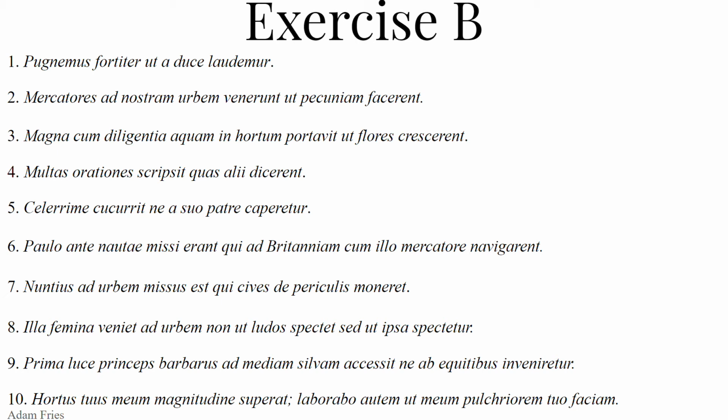But ut ipsa, so that ipsa, she herself, the intensive pronoun ipse, ipsa, ipsum, spectetur, might be seen, might be watched. That woman over there will come to the city not so that she may watch the games, but so that she herself may be seen, may be watched.